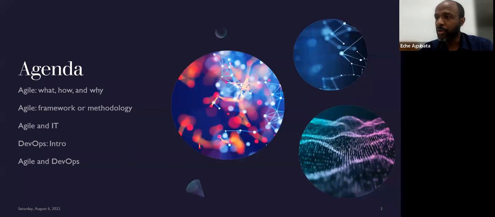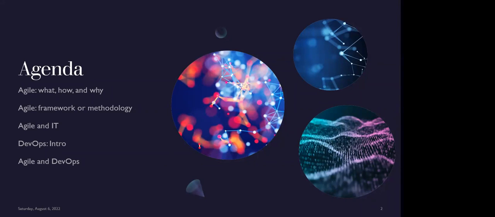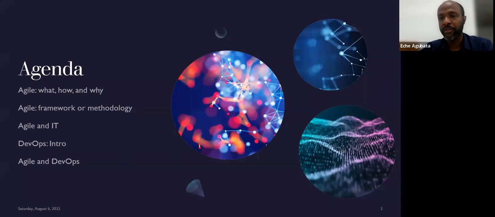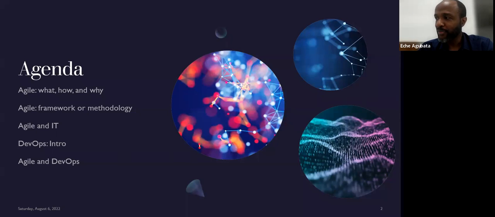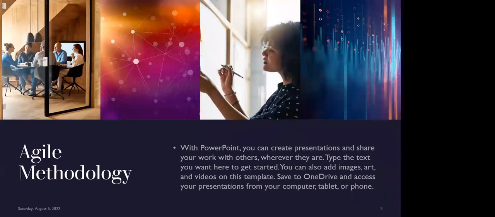And because our goal here is to structure ourselves towards DevOps, I would also introduce DevOps, and this is the part where all the non-IT professionals should pay good attention to, okay? And then we will end with how we can marry Agile and DevOps, okay?